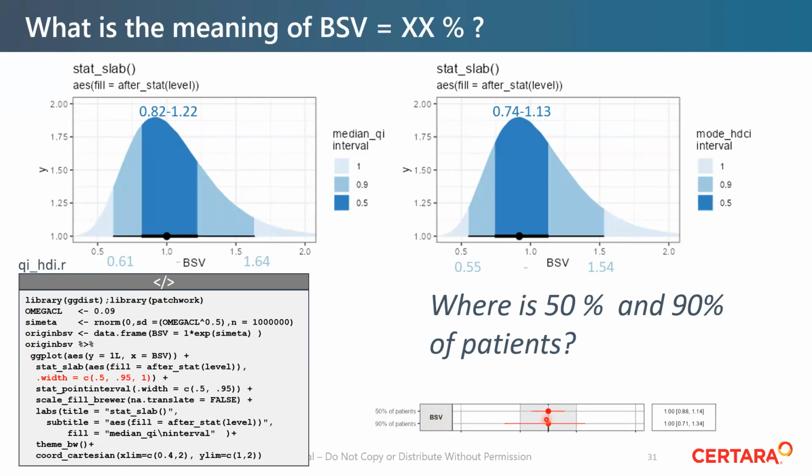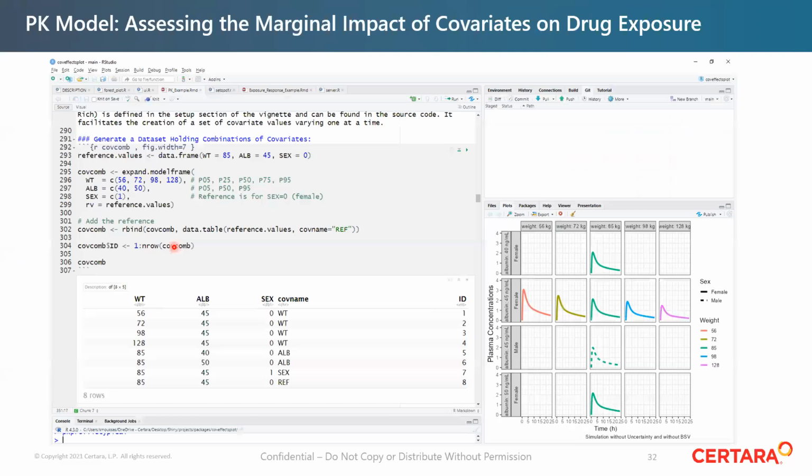For example, 50% of patients are between 0.88 and 1.14, and 90% would be covered from this point to this point. And I contrast that with the covariate effect. There is an example later. I know that, especially in Bayesian statistics, we use the highest density interval, but as a pharmacometrician, I mostly use median and percentiles to illustrate my BSV.